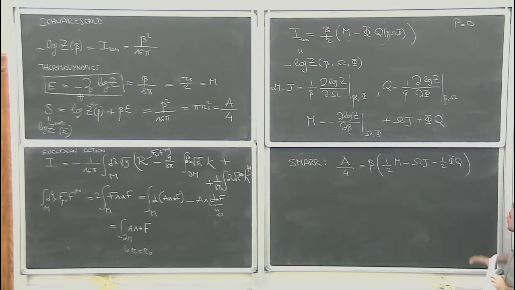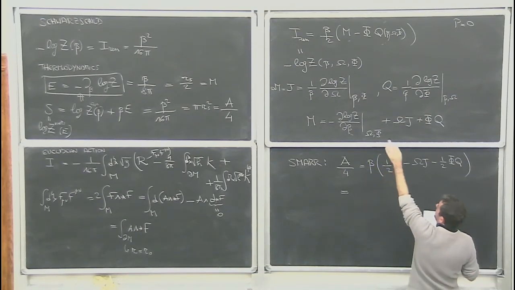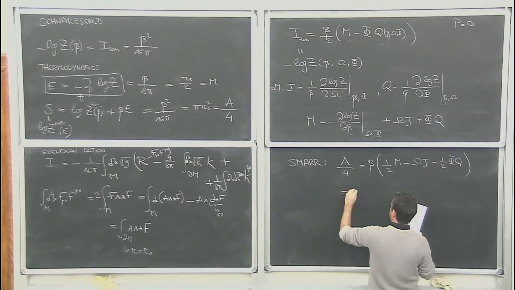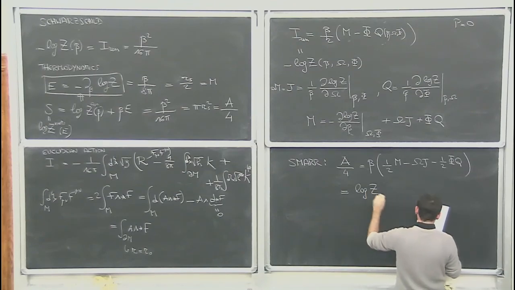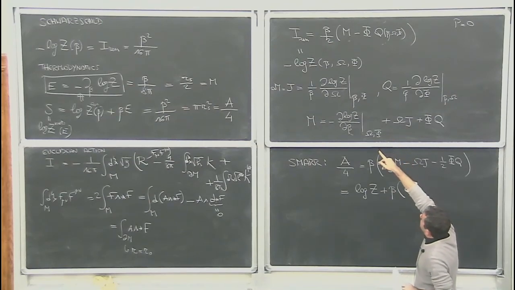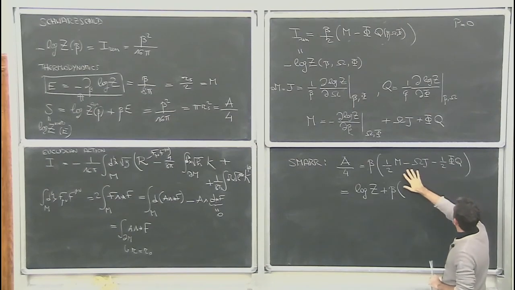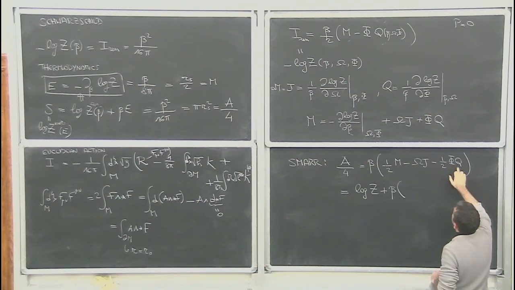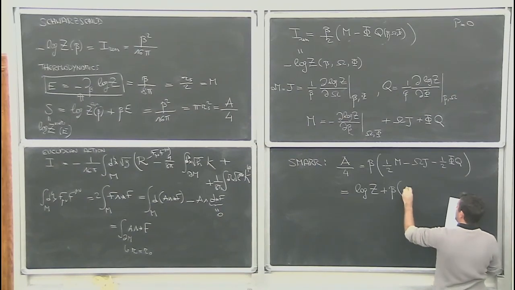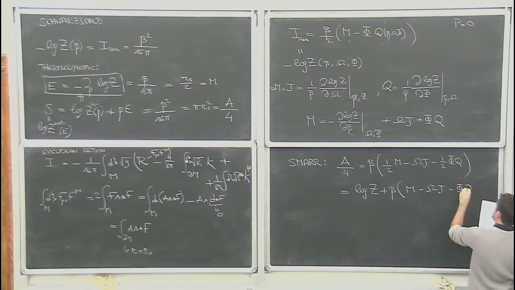So this is the Smarr relation. Using the result we have up there for the renormalized action, this is the same as log of Z plus beta. You see, I is minus log of Z, and it is that expression up there. So here I have similar terms, phi times Q. So I just rearrange things, it is beta M minus omega J minus phi times Q.